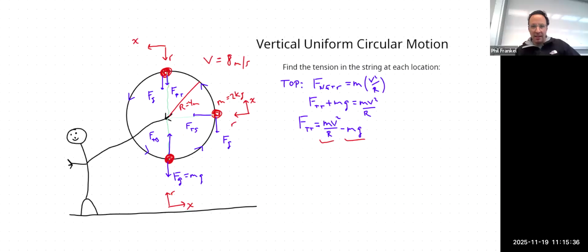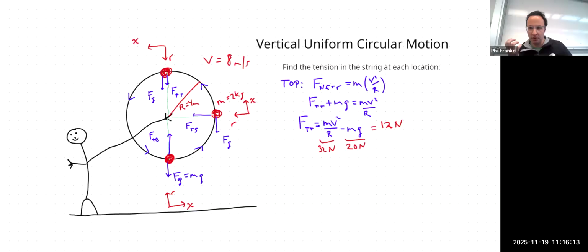If I plug in the mass, that's 2, and the radius, which is 4, I get 2 over 4, which is a half. And the speed squared, 8 meters per second squared, is 64. So half of 64 gives me 32 newtons. And so overall, we have a 12 newton tension force that's pulling the object to the middle of the circle.